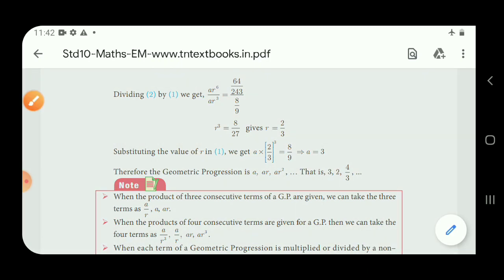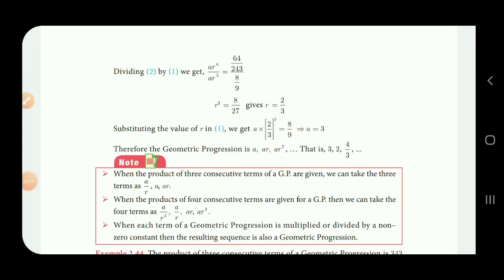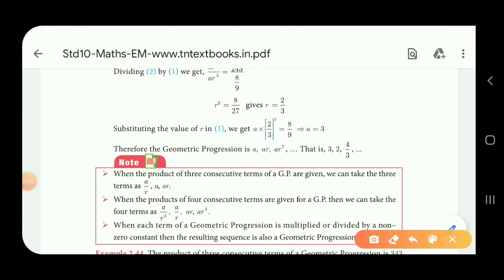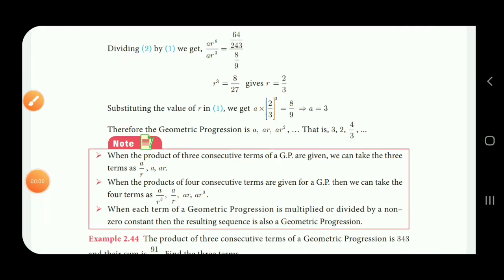So these two values you can divide, so cancel the a, and r power 6 with r power 3 cancels to give r power 3. So this one you can cancel. Simplify this 64 by, now you can simplify 64.